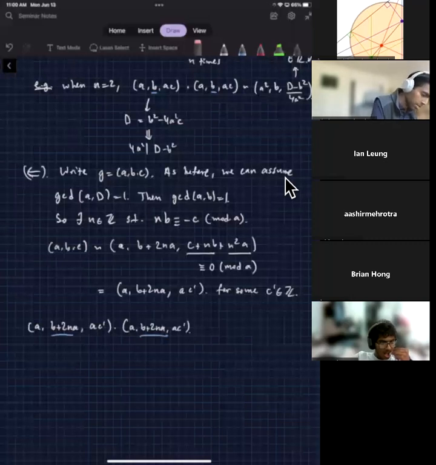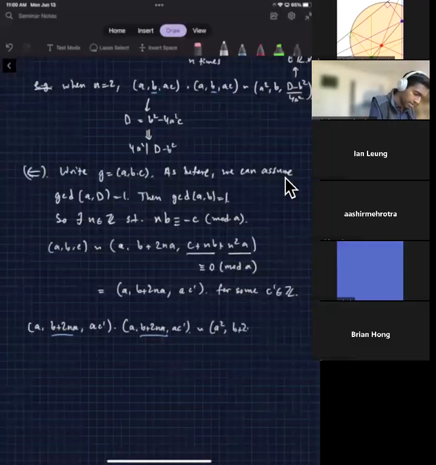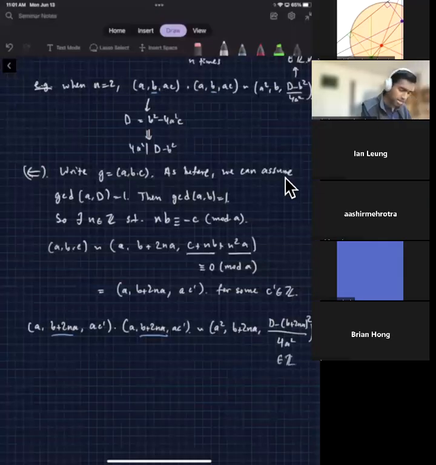So this composition is equivalent to (A squared, B plus 2nA, (D minus (B plus 2nA) squared) over 4A squared). Okay, so the thing that we need to verify is that this third quantity is an integer.